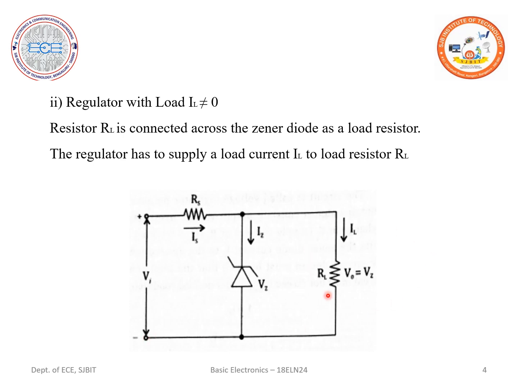Now, we know there is a presence of load here, represented by RL, and it is connected in parallel to the Zener diode. The output voltage would be equal to the Zener voltage, which we name Vz.